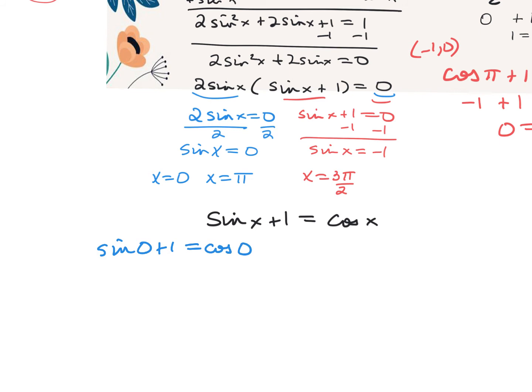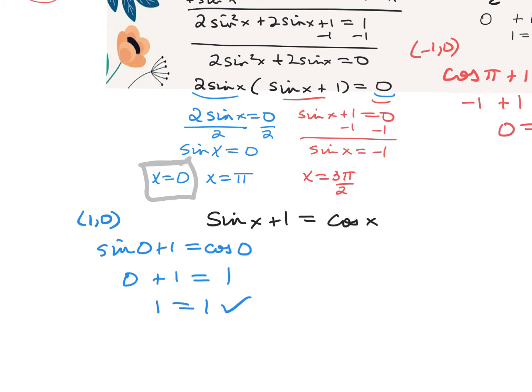I'm going to grab the ordered pair for 0, and that's going to be the ordered pair 1, 0. Sine uses the y, cosine uses the x. 0 plus 1 is 1, 1 equals 1. The answer of x equals 0 is good.